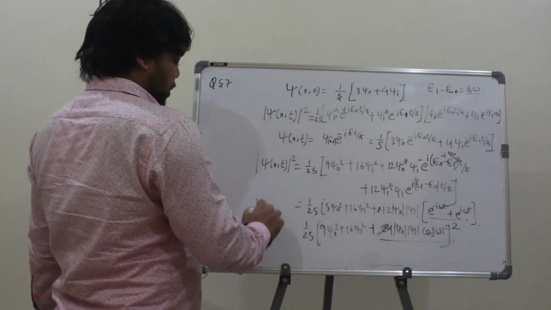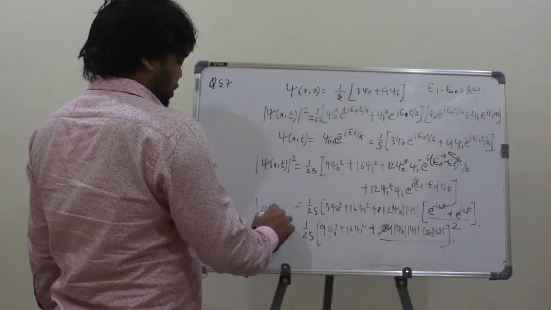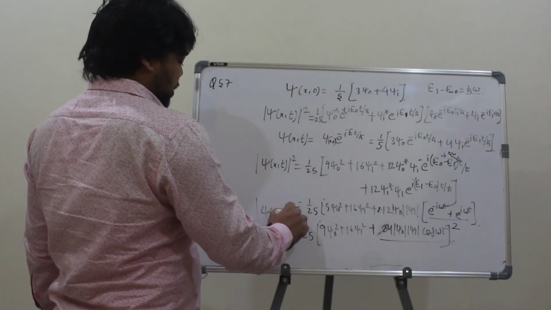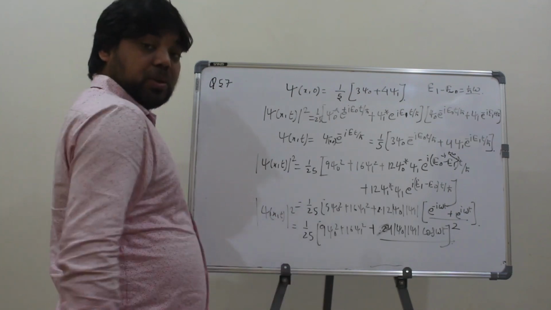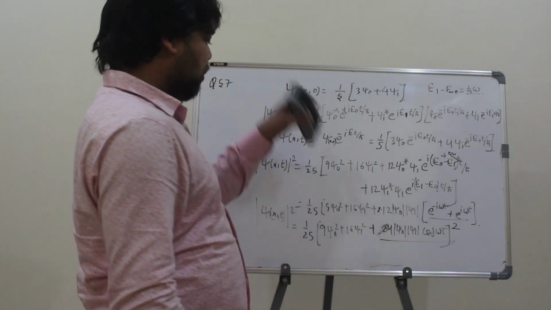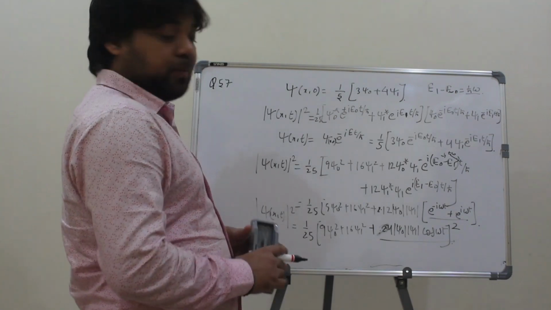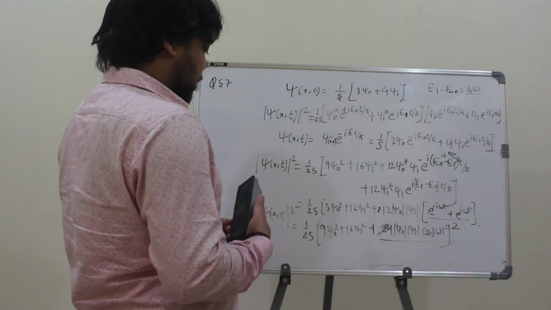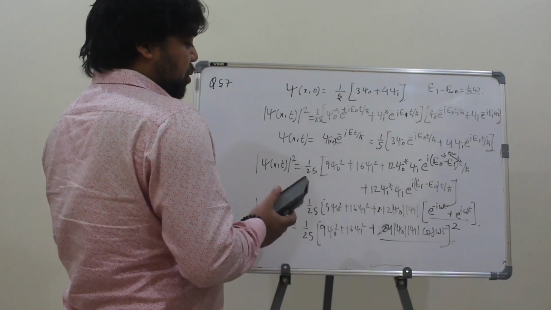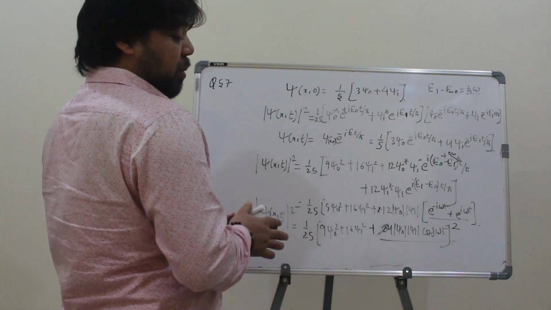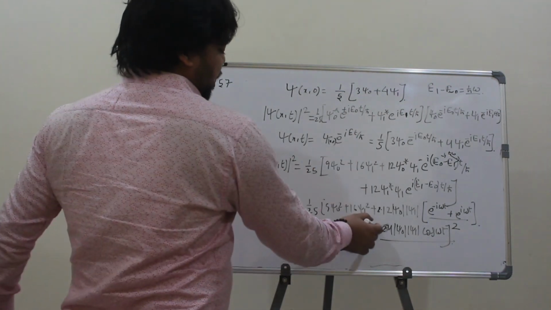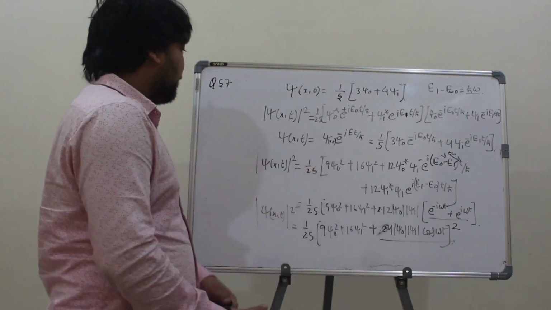So this problem of psi(x,t) is something like this. Again, a simple straightforward problem, but very significant. Hope you will be able to solve it if similar types of problems come anywhere in the exam, right?